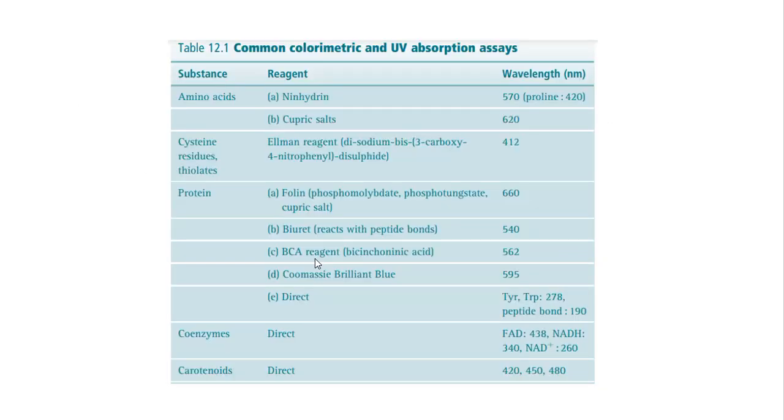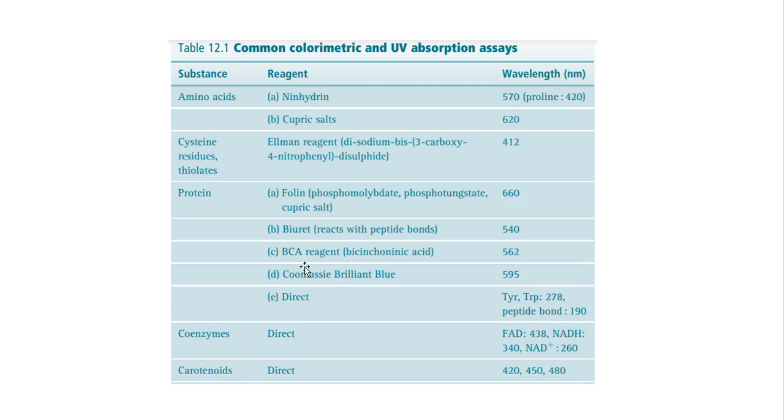If we see the normal table of colorimetric and UV absorption assays, here I'm taking protein. You have colorimetric estimation in the visible region at 660, 540, 562, and 595 nanometers. All of them use some kind of reagent to react with and give a color, and then you estimate the proteins.